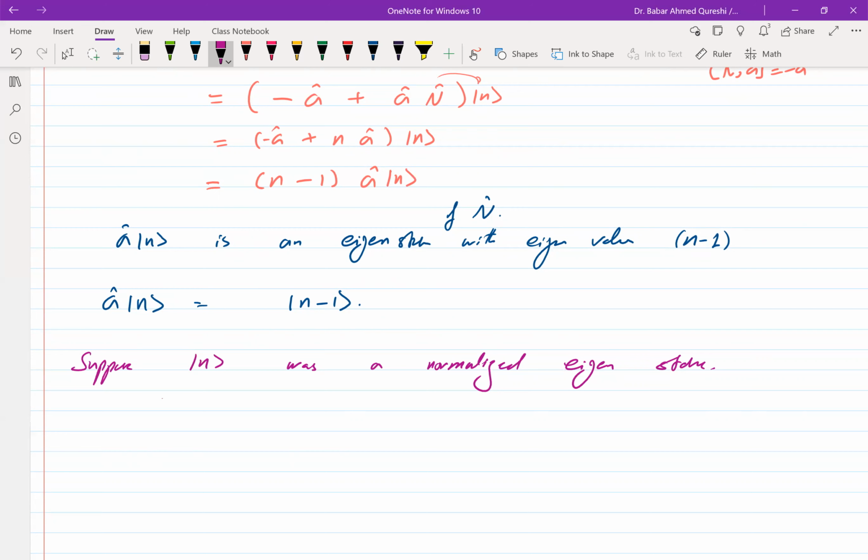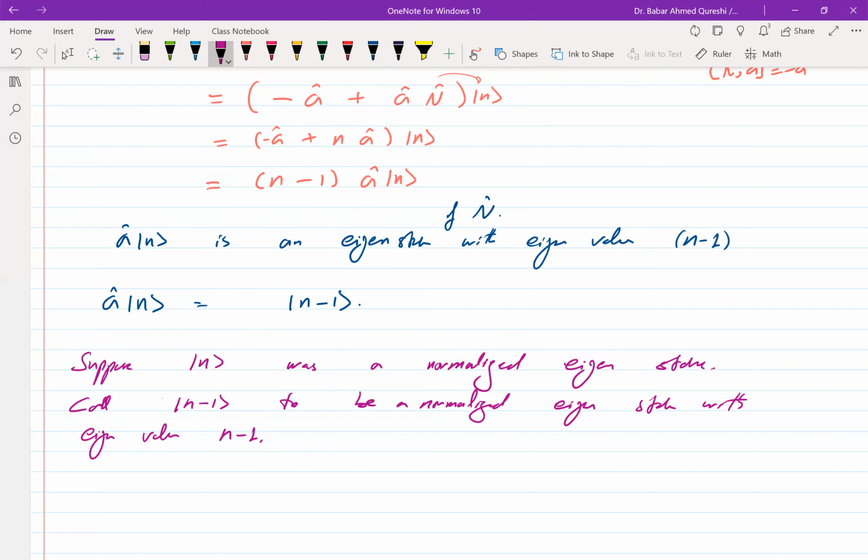Now, call n minus 1 to be a normalized eigenstate with eigenvalue n minus 1.